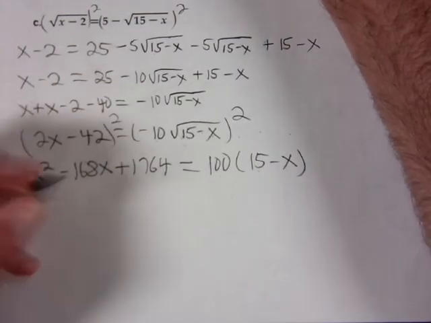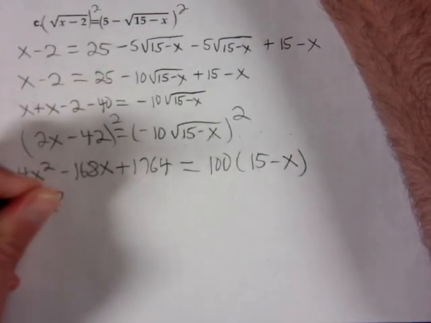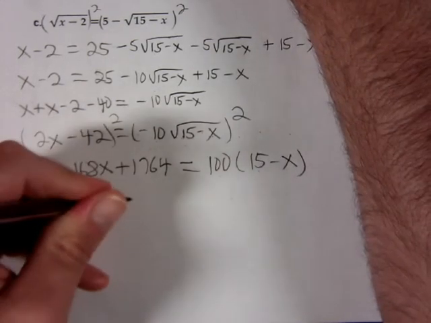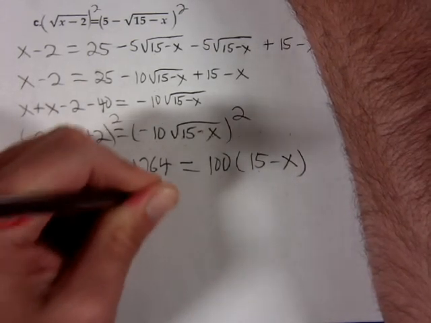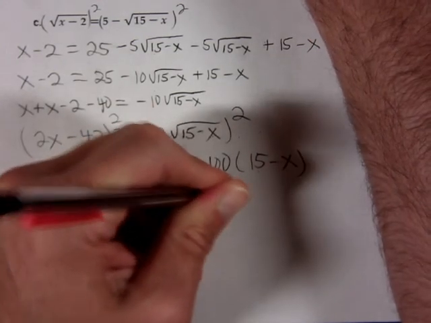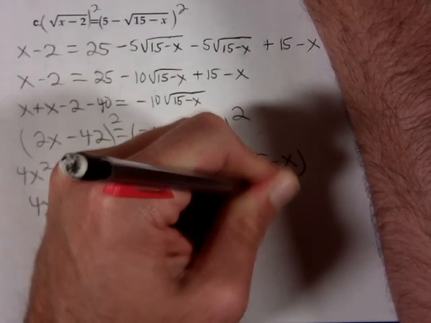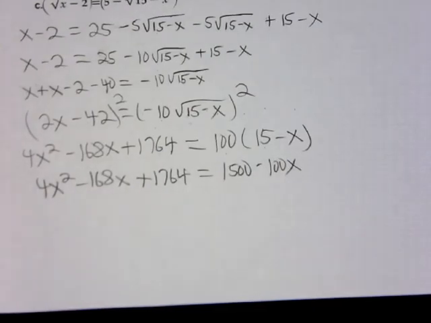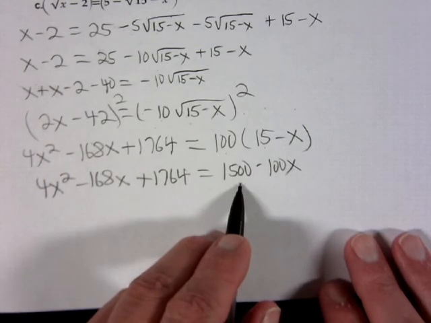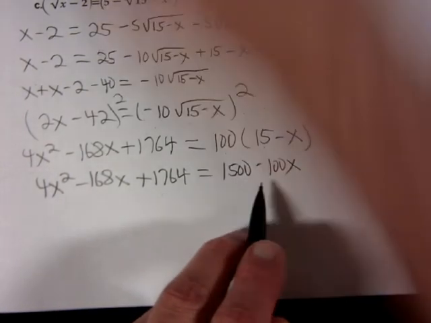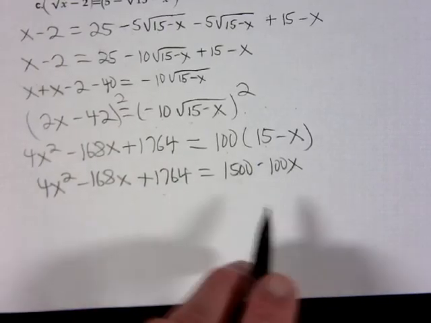Well, on this side, I can go 4x squared minus 168x plus 1764. I can go ahead and multiply this out and get 1500 minus 100x. Okay. Now I can subtract 1500 from both sides there, and let's just go ahead and make this equal to 0.